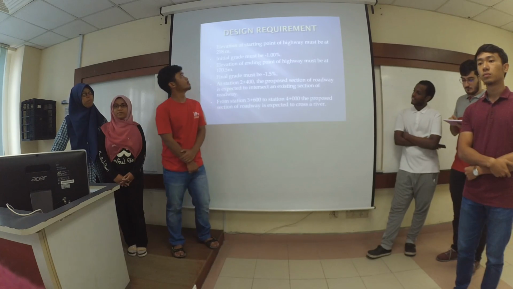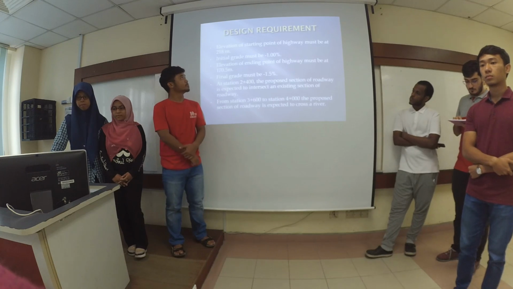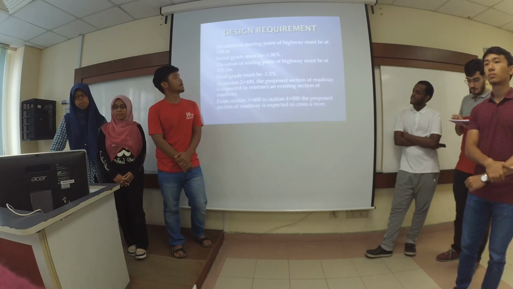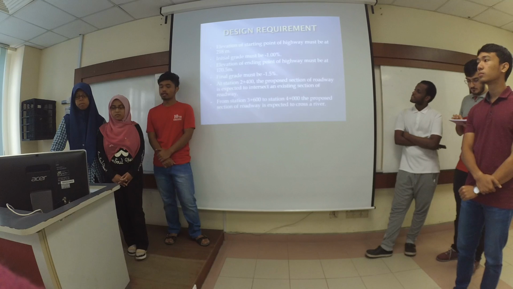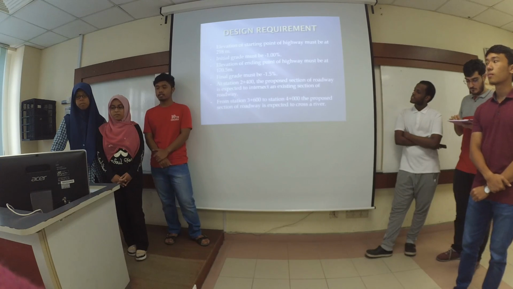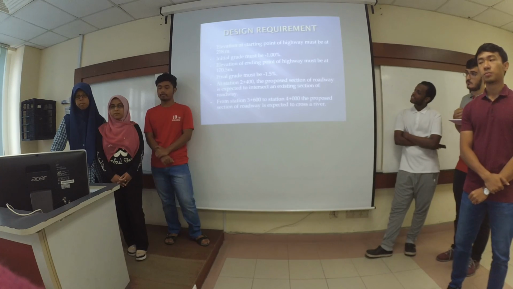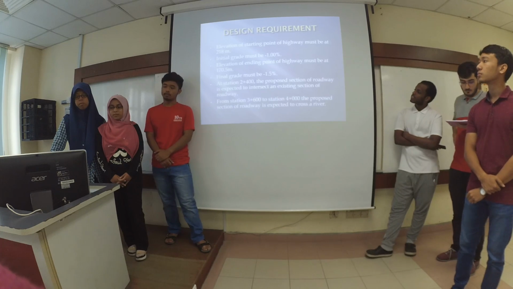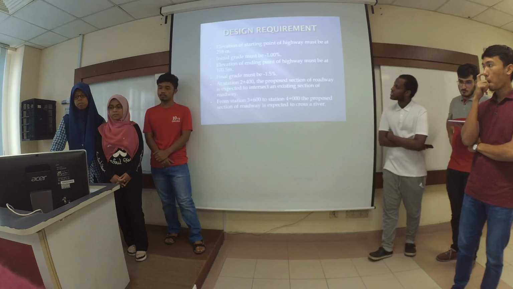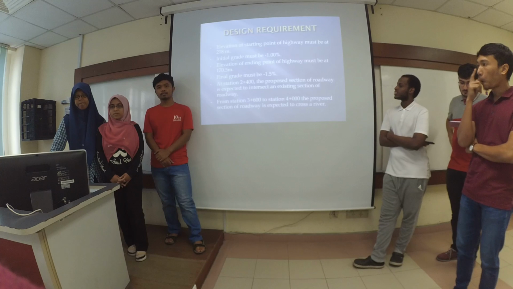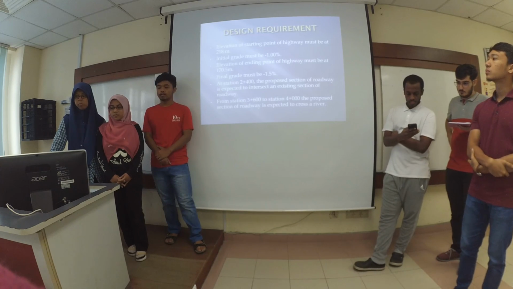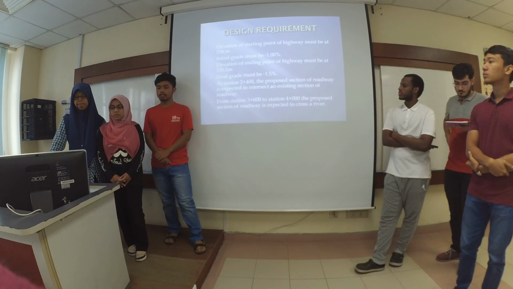Okay. For the design requirements, the elevation of the starting point of the highway must be at least 218 meters, and the initial grade is around -1%. The elevation of the ending point of the highway must be 170.5 meters. The final grade is around 1.5%.